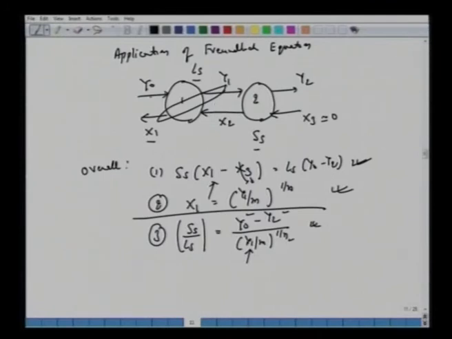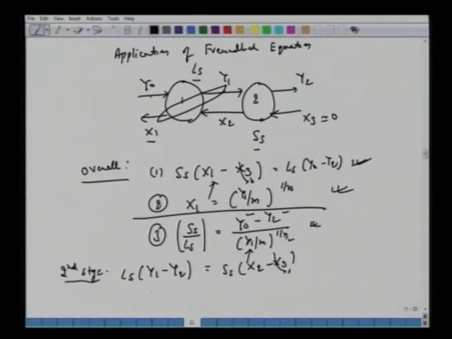Similarly, if you write the balance for the second stage, then you will have LS (y1 minus y2) equal to SS (x2 minus x3), but x3 is again 0. So we have done the overall balance, and now we are writing the balance for the second stage.